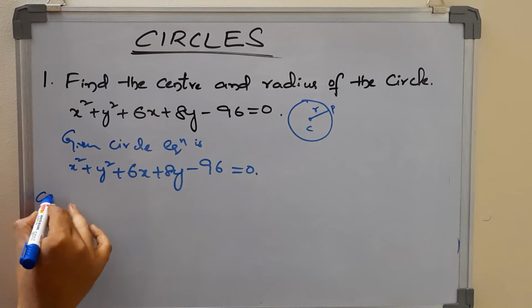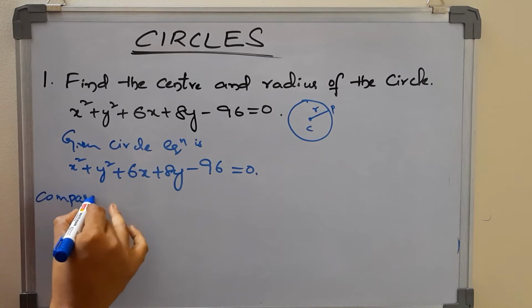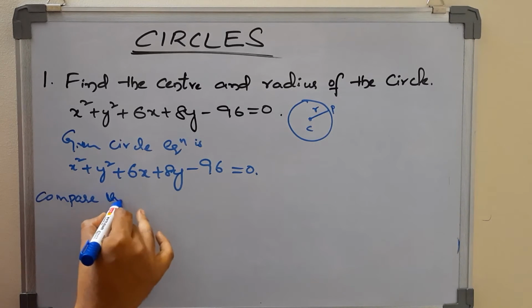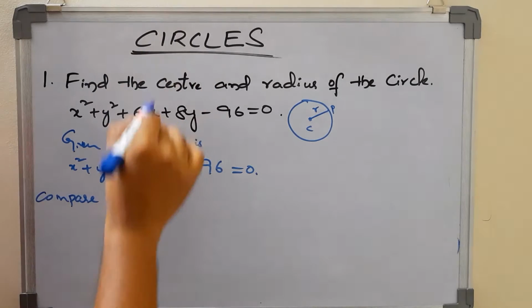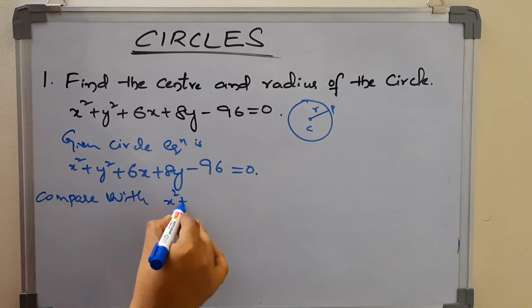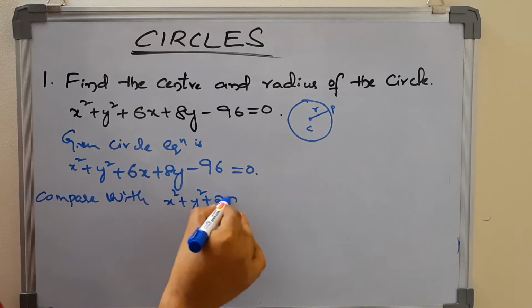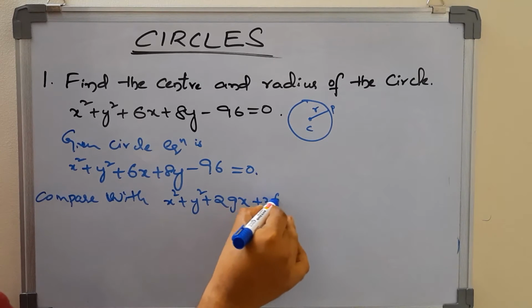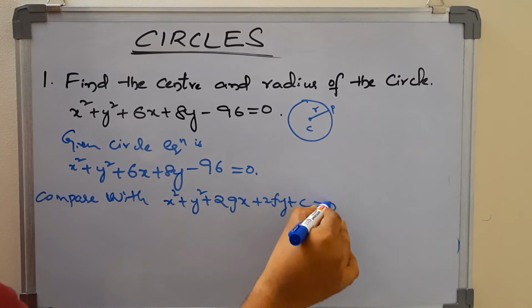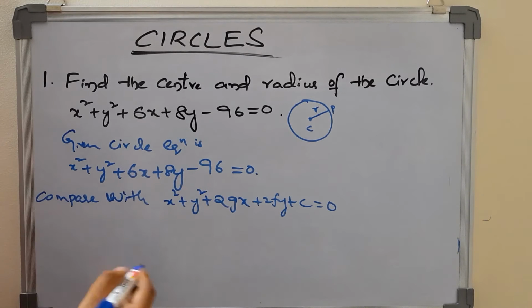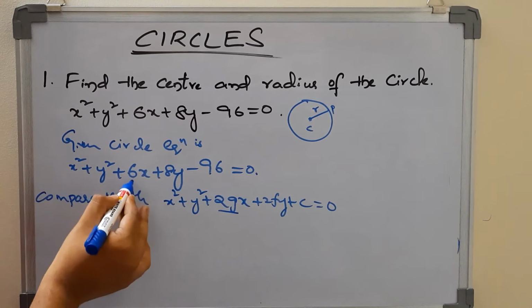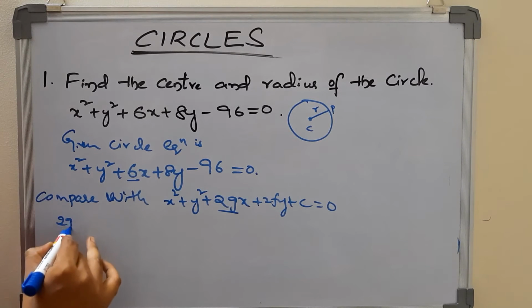Compare this equation with the basic form x square plus y square plus 2gx plus 2fy plus c is equals to 0, right? We get here 2g is 6, right? 2g is equals to 6.